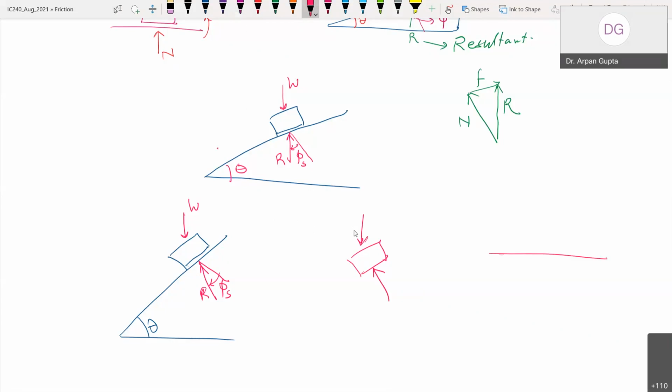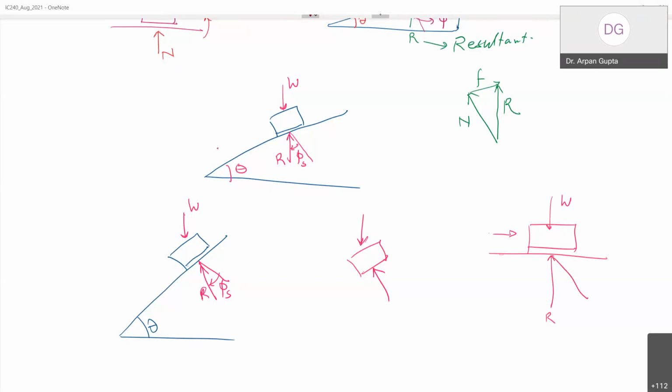Now, the same thing on a horizontal surface. If I have a weight W and a resultant R, and I start pushing this block in one way, the resultant will move in this direction. Initially it was like this, but if I apply a force P, the resultant will move to this direction.